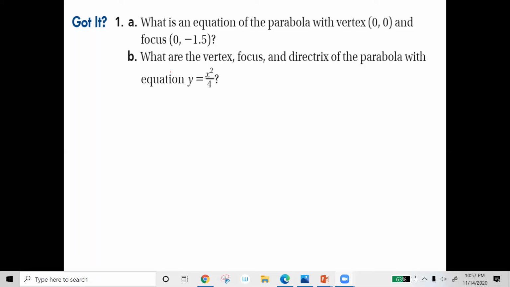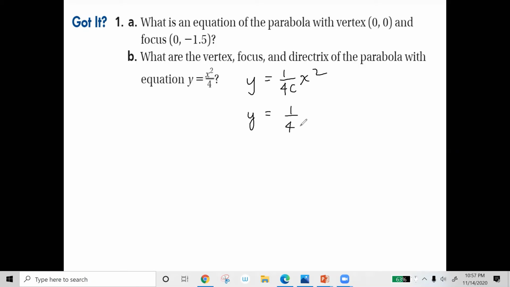Okay, now we have the vertex and focus. We will write the standard form. Our standard form is y equals 1 over 4c times x squared. So y equals 1 over 4 times c, our focus value, which is negative 1.5, and we have x squared.